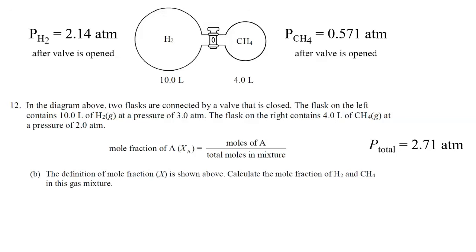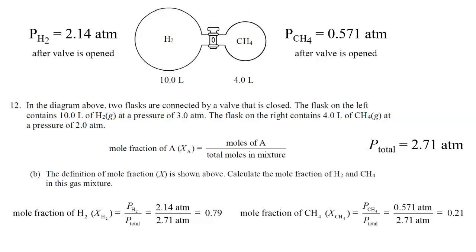So it's going to be for hydrogen, 2.14 atmospheres, the partial pressure of hydrogen, divided by the total pressure of the gas mixture, 2.71 atmospheres. And when we do that math, we get 0.79. Let's do a similar calculation for the methane, CH4.